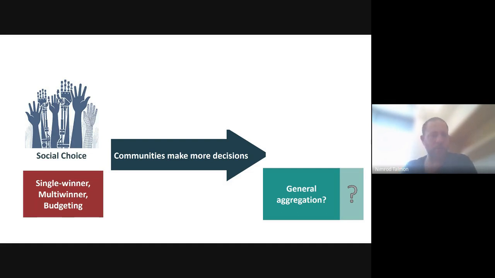But in the real world, communities need to make many more and much more involved types of decisions. And I think that what is really missing is a study of a general aggregation platform, so general aggregation algorithms that can deal with different kinds of decisions simultaneously or in the same general way. So this is the first gap between social choice research and the real world that I could identify.